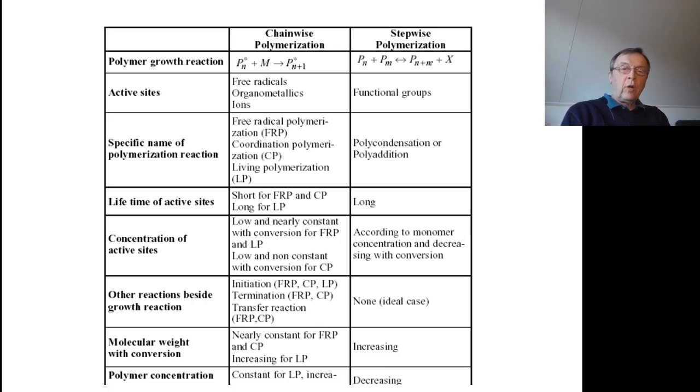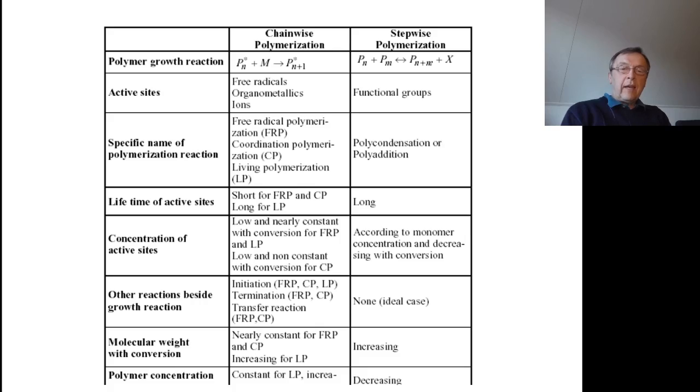And a third way of initiating a reaction is a so-called living polymerization that is often done by ionic species that initiate the first step of the reaction, and then an active site is generated that is able to line up a huge number of monomer units to a macromolecule.